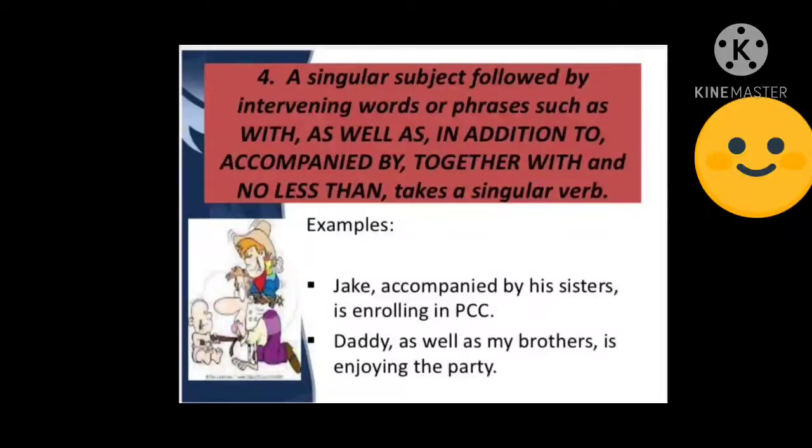If the first subject before the intervening phrase is singular, then we use a singular verb. If the first subject is plural, we use plural. What is the first subject here? Jake. Jake is singular. So, irrespective of the second noun, his sisters being plural, we do not use a plural verb. So, Jake is. So, is is used here.